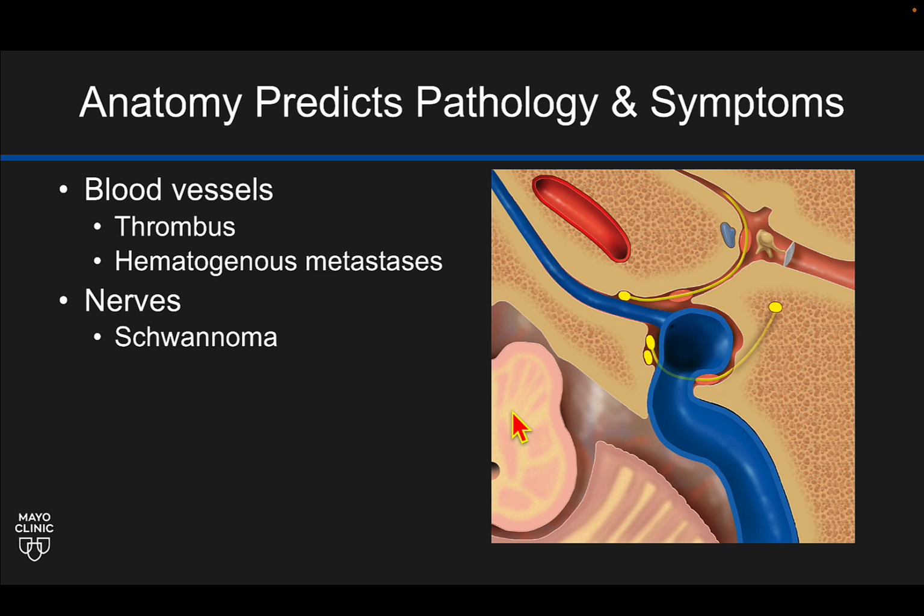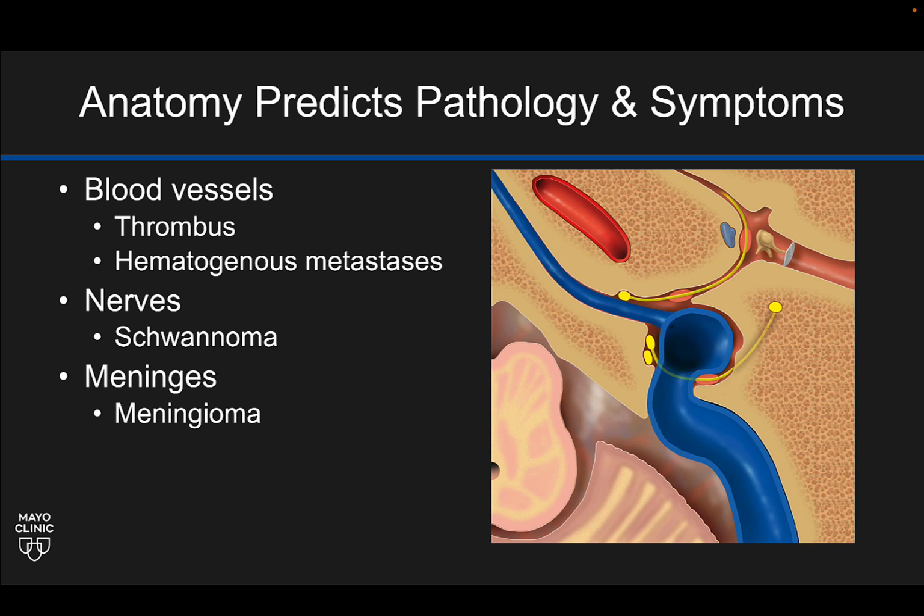We also have nerves that live within the jugular foramen. We've got multiple nerves, as I mentioned before, so we think about things like schwannomas, nerve sheath tumors that can originate off of these nerves. We also have an approximation of the meninges, so meningeal tumors, such as a meningioma, can arise here. That would be one of our major culprits of a potential jugular foramen mass.